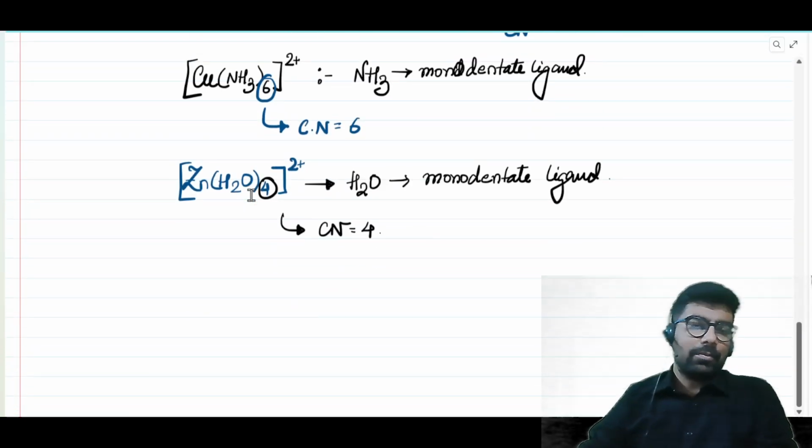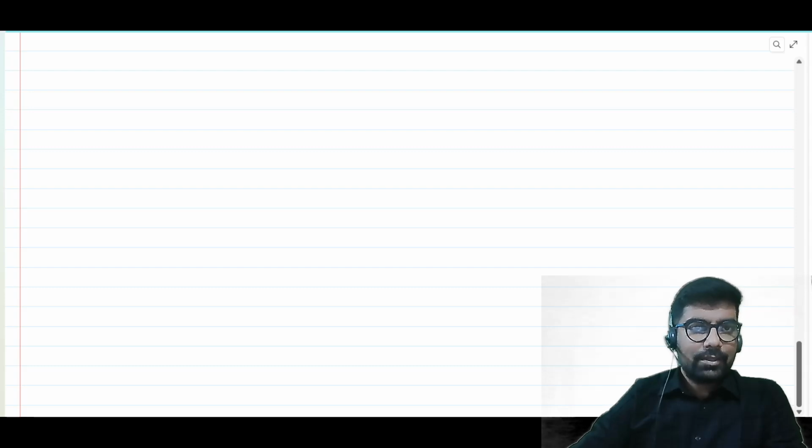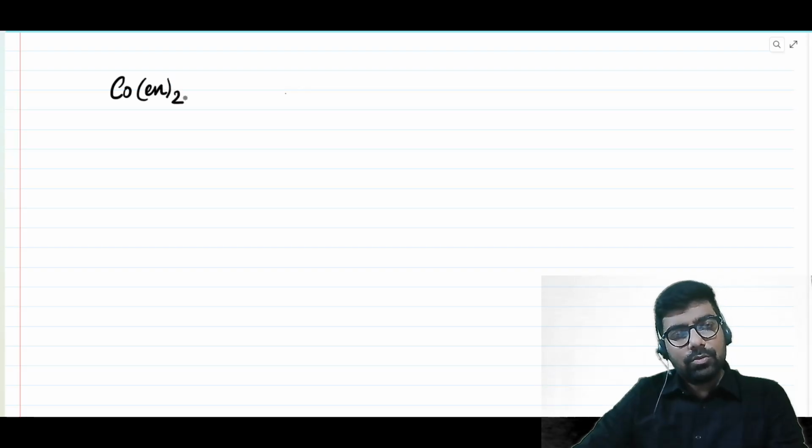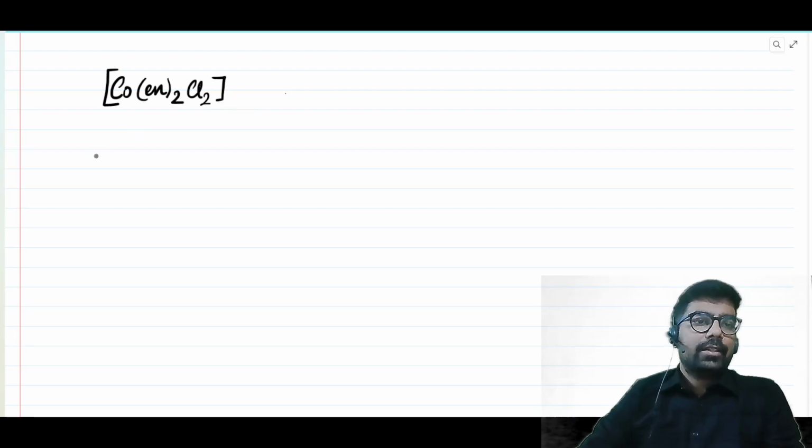Now moving on to bidentate ligands, a few examples. Let's say we have Co(en)2Cl2. En is basically a short form for ethylene diamine.